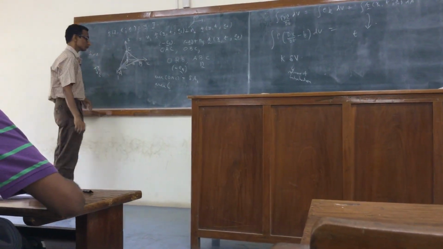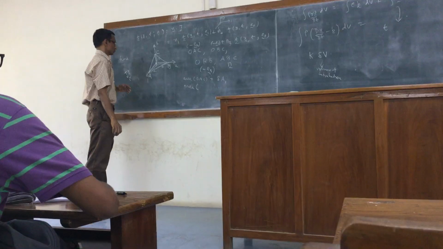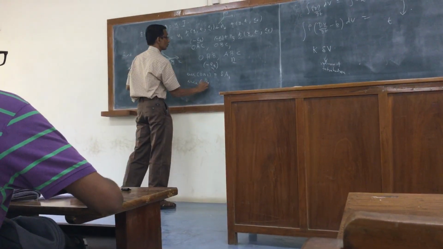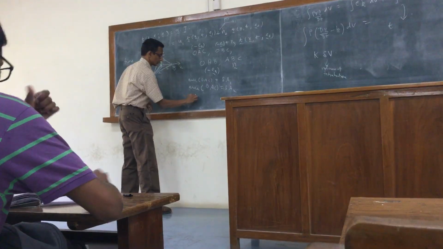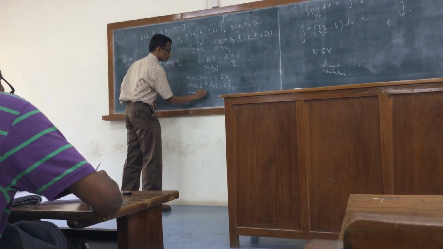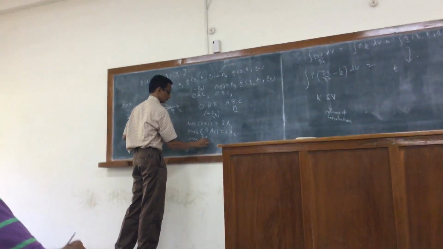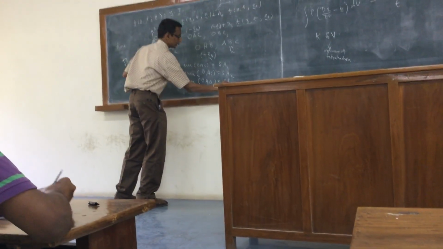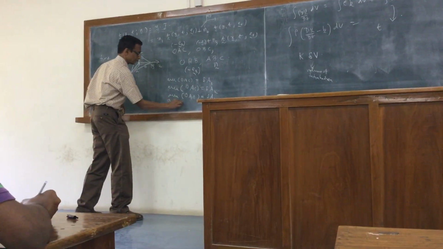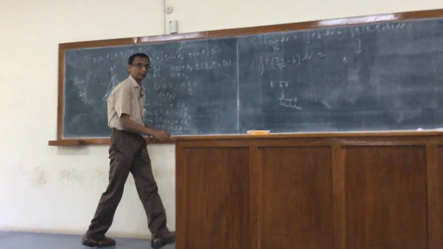Area OAC, I will call delta A2. Area OAB, I will call delta A3. And area ABC, call it delta A.